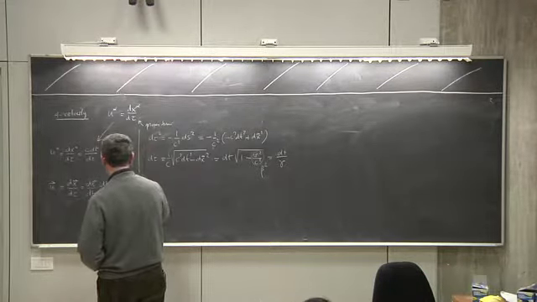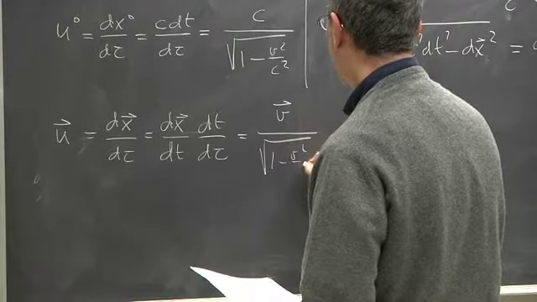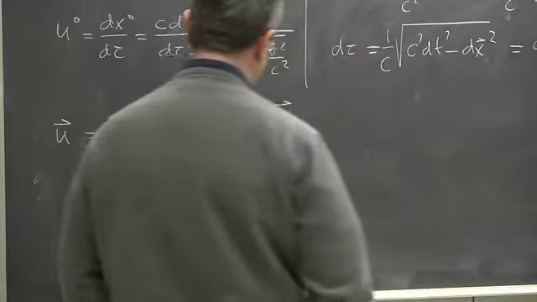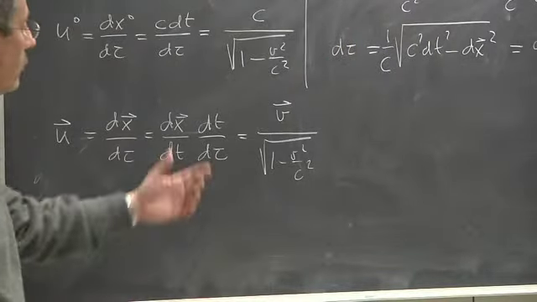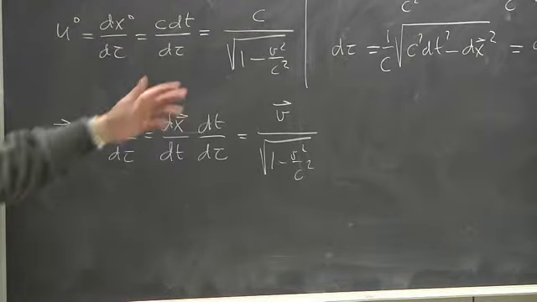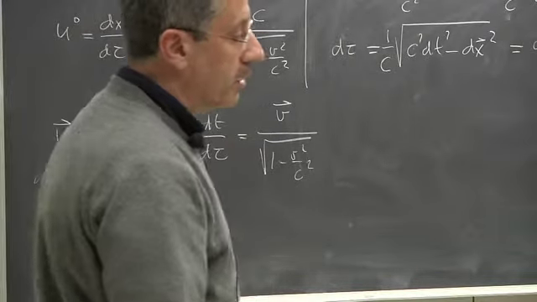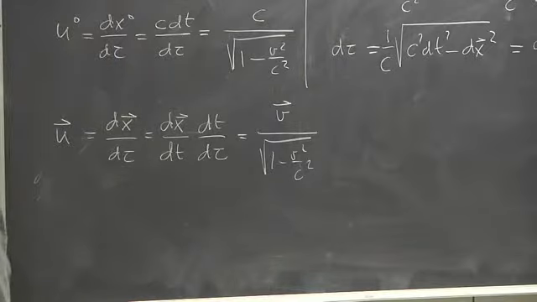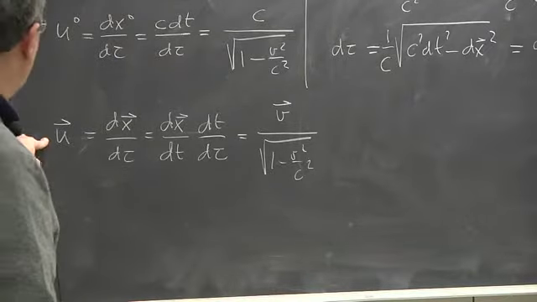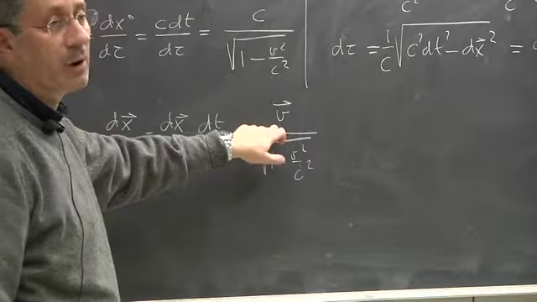So here I have the usual v divided by this factor, the square root of 1 minus v squared over c squared. So this is the contraction, or with respect to time, this retardation effect due to the Lorentz metric. So the space-like components of the four velocity are essentially the usual velocity.